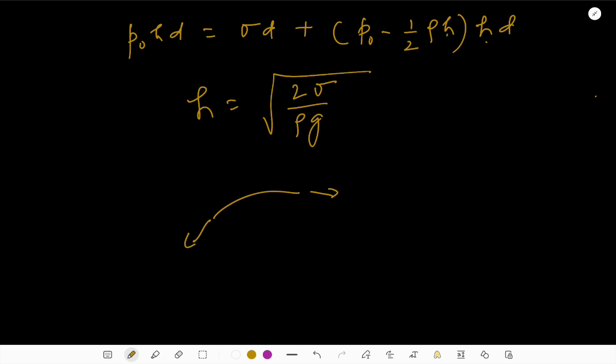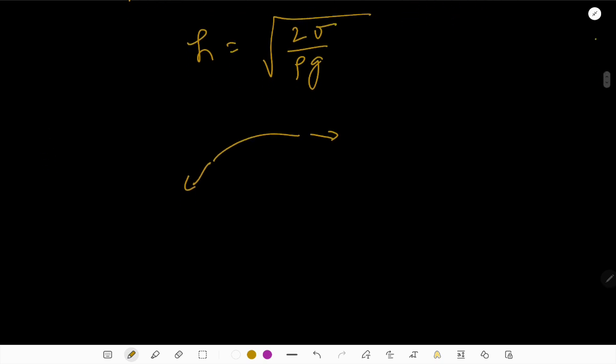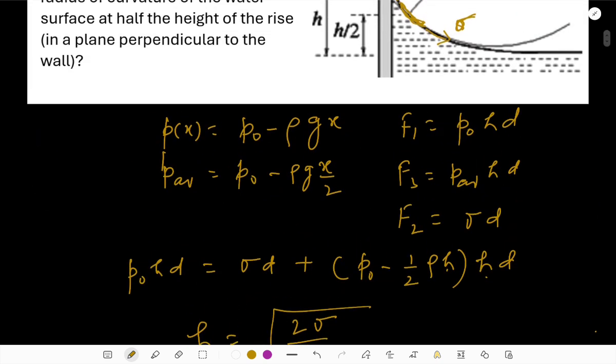And this is the small section of this surface, and I'm going to make it small by simply writing this angle as d theta and this angle is also d theta. And the pressure in the different fluids, we have different fluids here also.